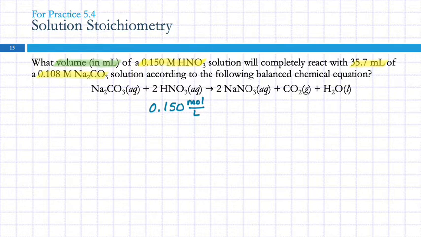Then 35.7 milliliters of, that's the sodium carbonate, and it gives us that concentration, also moles per liter. And then what we're trying to find is the volume of the nitric acid. So the question mark, how many milliliters?